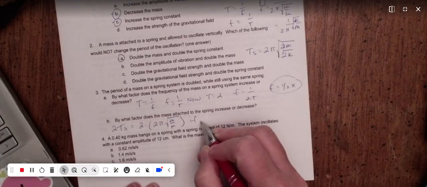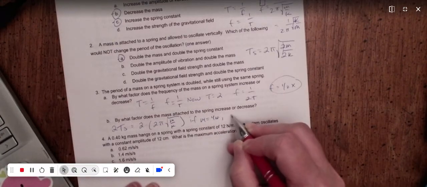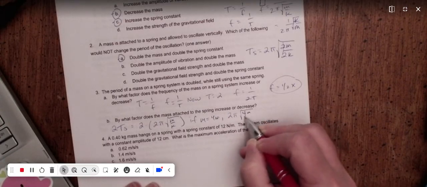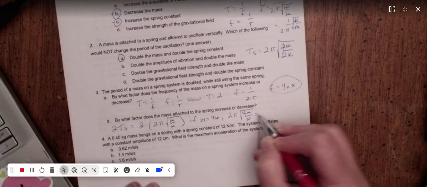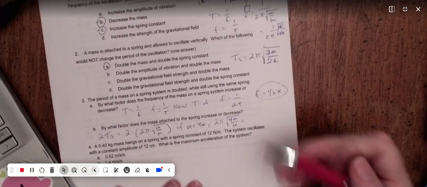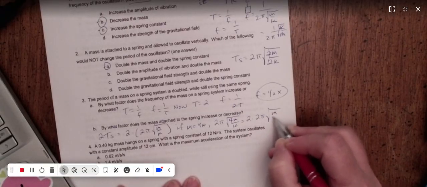So if m equals 4m, then we would have 2 pi times the square root of 4m over k, and that 4 would come out of the square root, and so then we'd have 2 times 2 pi times the square root of m over k.